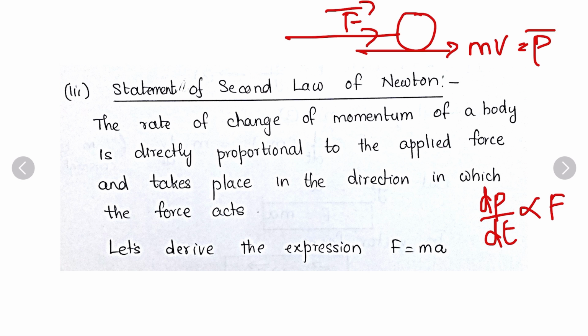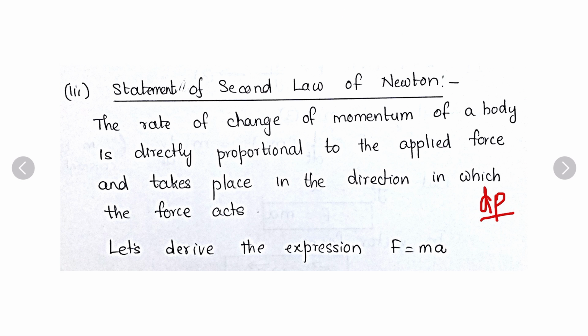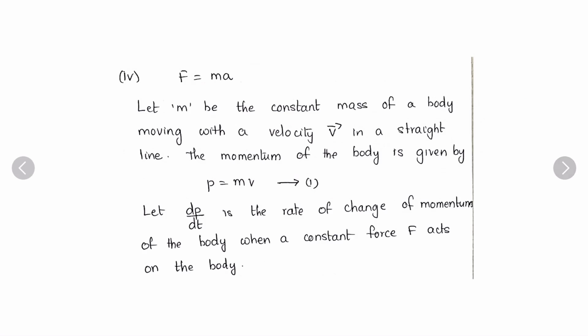Now let's derive the most important expression, F is equal to ma. Just now the second law says that the rate of change of momentum is directly proportional to the applied force and takes place in the direction in which the force acts.